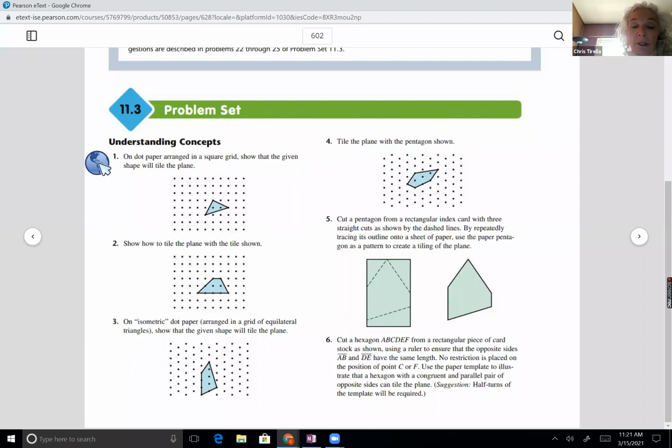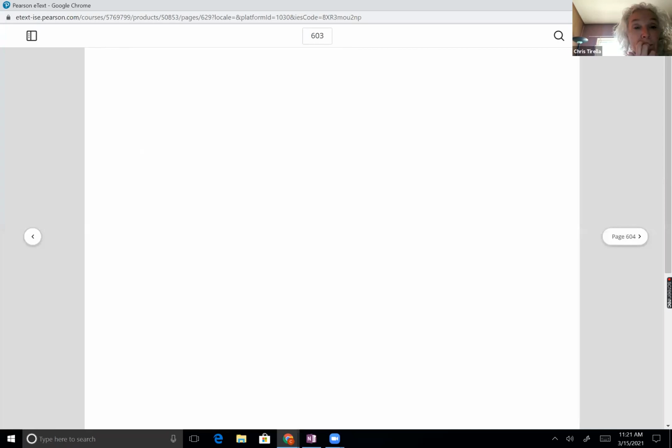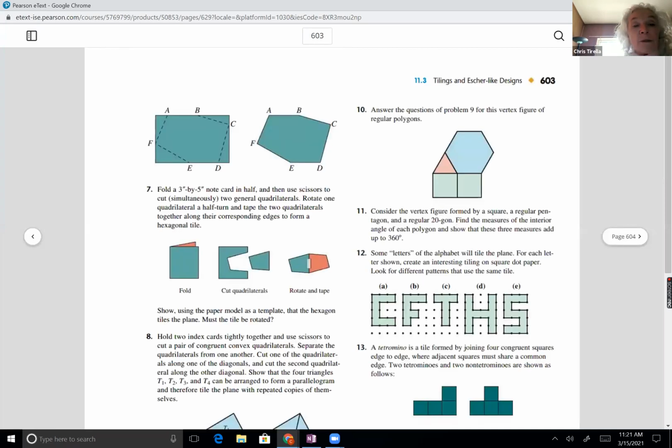No restriction is placed on the position of points C or F. Use the paper template to illustrate that a hexagon with congruent and parallel pair of opposite sides can tile the plane. And I'm thinking that that diagram, let's turn the page, shows up on the opposite picture.